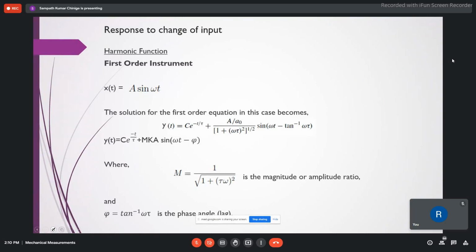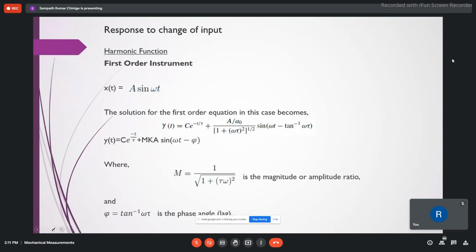Now the second and more complex kind of input. The unit step function response is relevant towards steady state, which means the input function is not varying with respect to time. But many times we may be interested in the transients, the unsteady behavior.